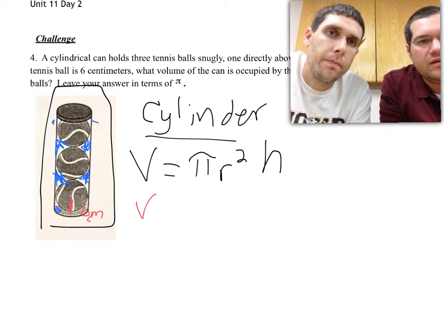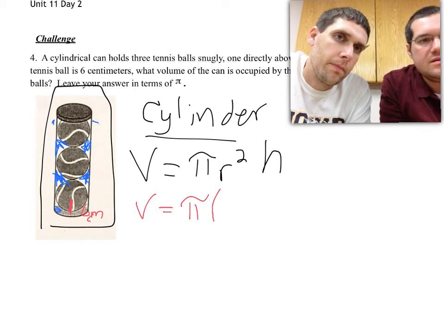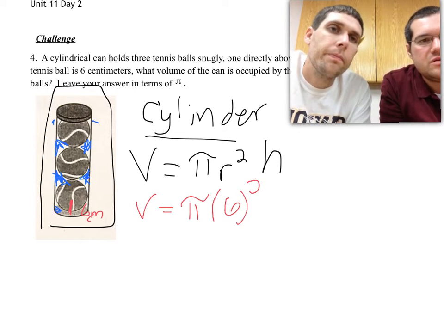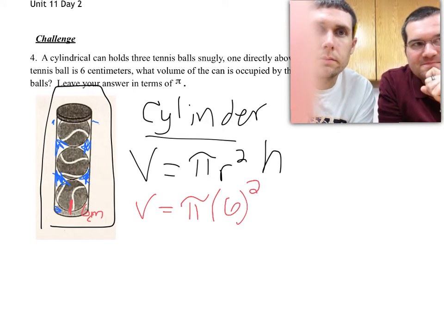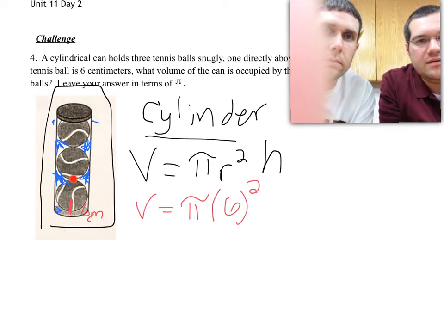So I'm just going to bring everything down, volume, leave in terms of pi. My radius is 6, and we know we're going to square that. But it doesn't give us the height. So this is what we have to figure out. Notice that there are 3 tennis balls in the canister. It's 3 tennis balls high.